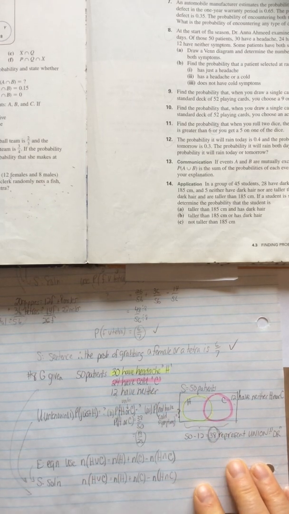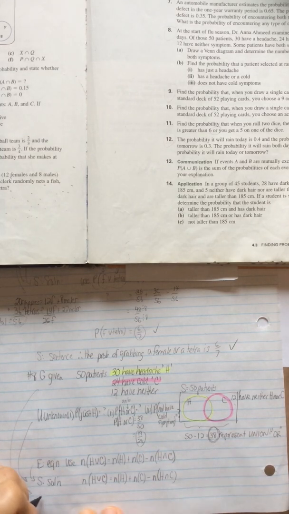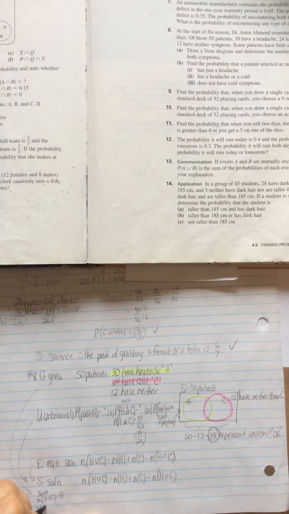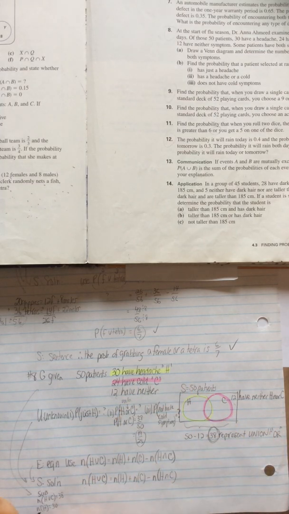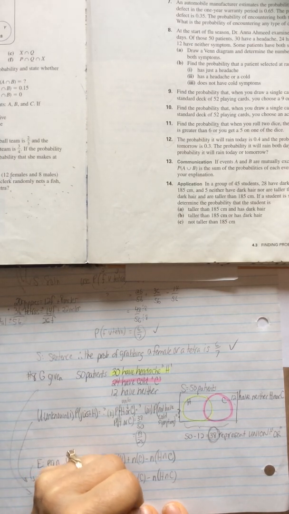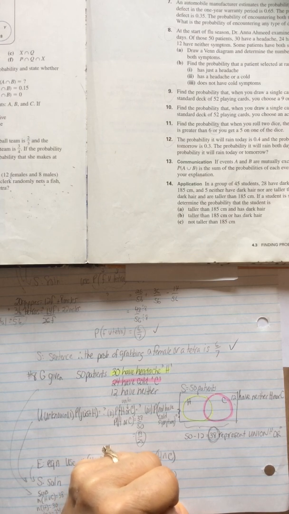The union is 38. Do we know the number that have a cold? Well, yeah, in total, the number that have a headache is 30, and the number that have a cold is 24. So the 38 equals the 30 and the 24 minus the number that have both.